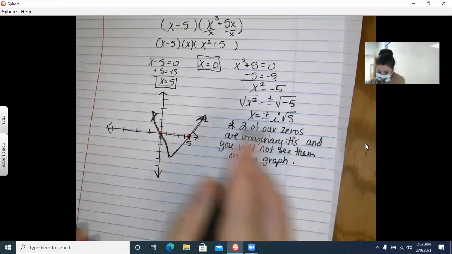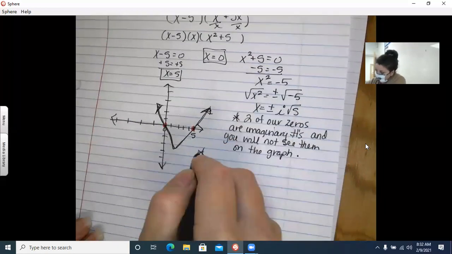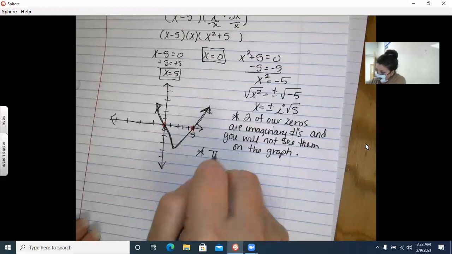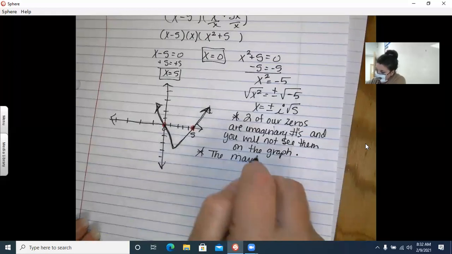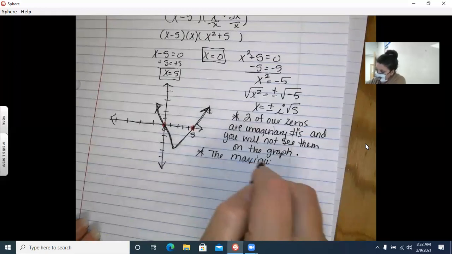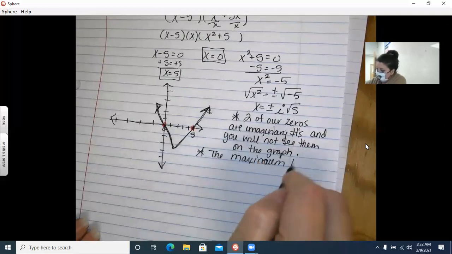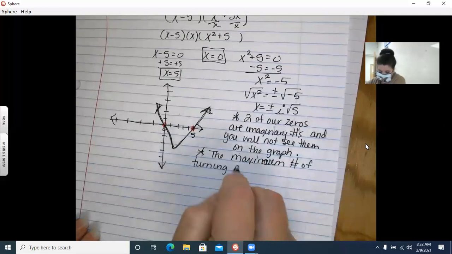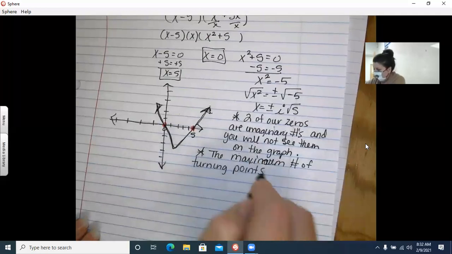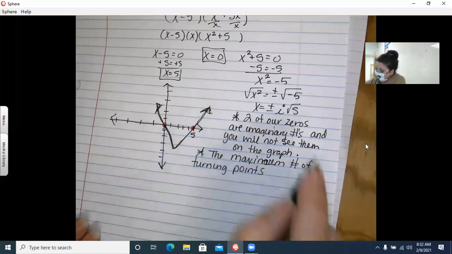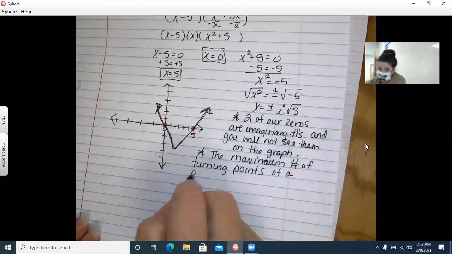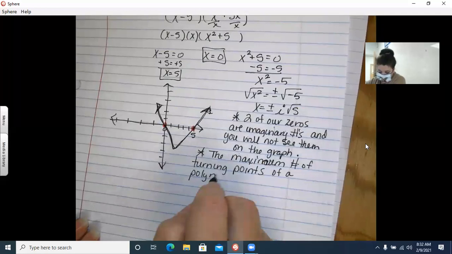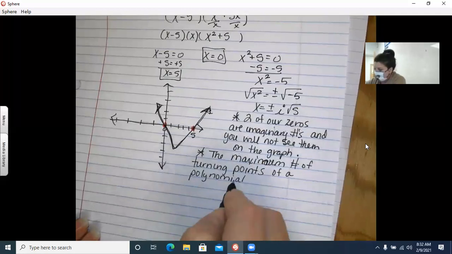Another thing, the maximum number of turning points, this part's important, we have not written it down yet. The maximum number of turning points of a polynomial is always one less than the degree of the function.